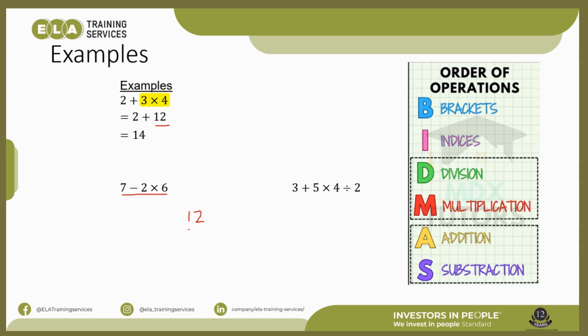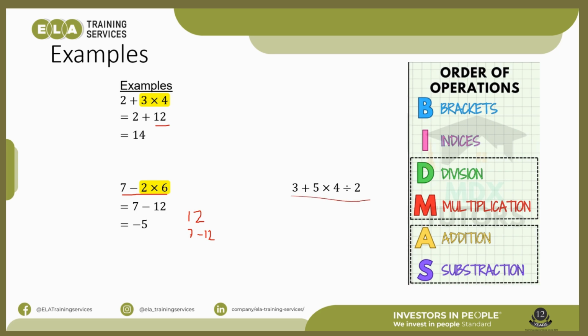It's always helpful to write them out step by step so you can follow where you're going. If you have a highlighter in the exam, you can use it to highlight the question, but you cannot highlight your answers or your workings out, so just bear that in mind. So 2 times 6 is 12, and 7 take away 12 is minus 5.